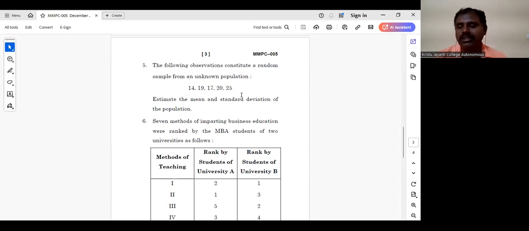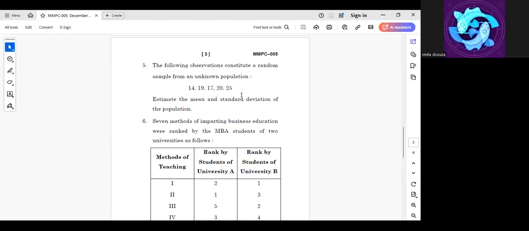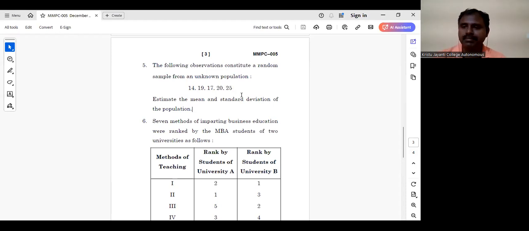Yes, that also you can use. So we find x minus x bar, then x minus x bar square, right? Yes, ma'am. So that way we have to calculate the standard deviation.